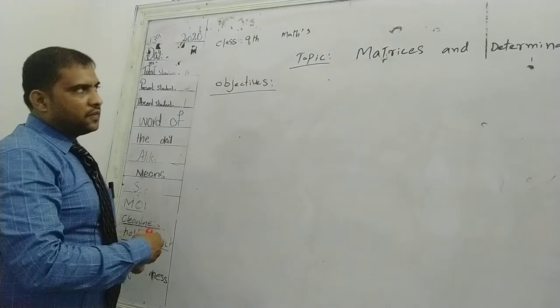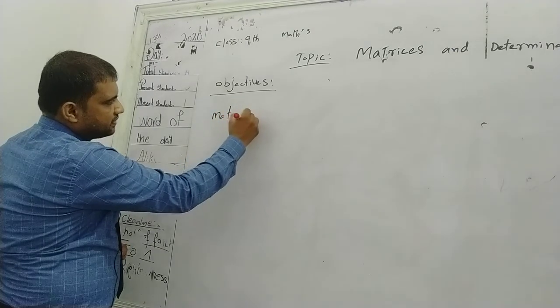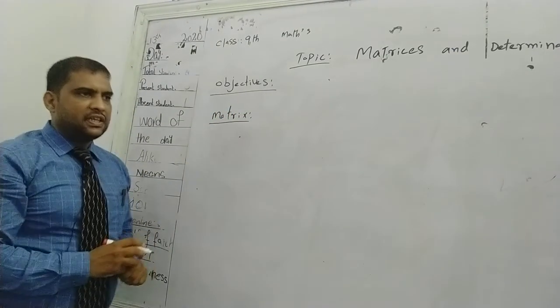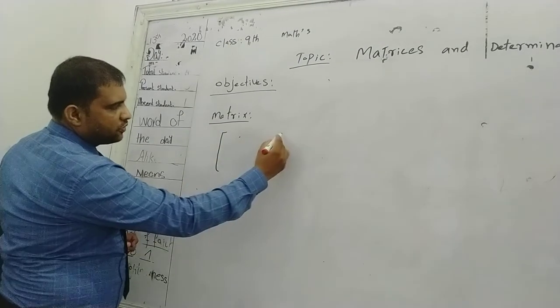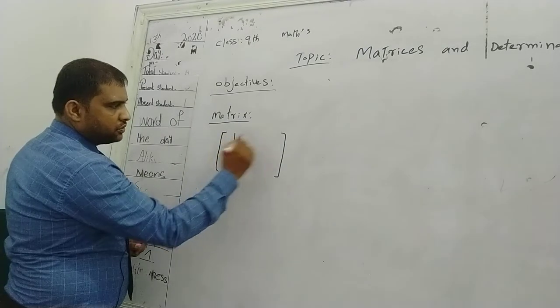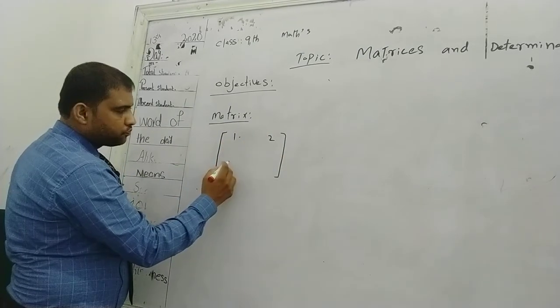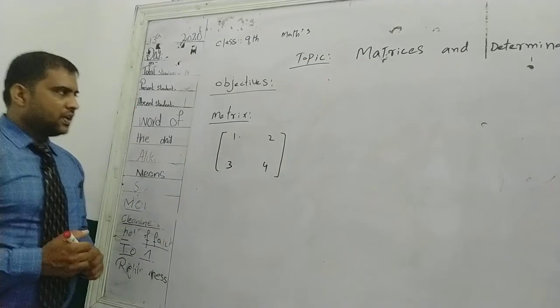Now the first is we can define what is a matrix. A matrix is a rectangular arrangement of elements. Suppose 1, 2, 3, 4. So this is a matrix.